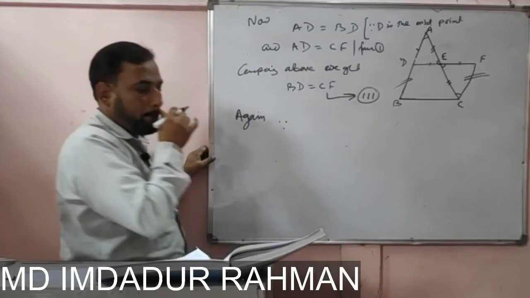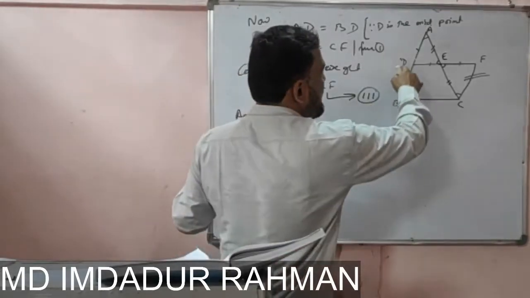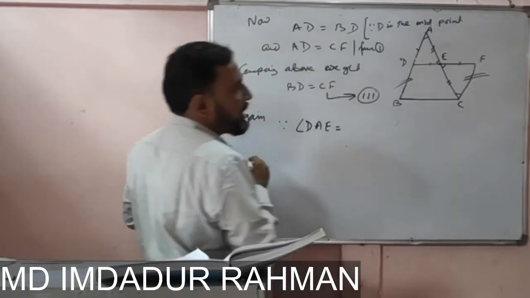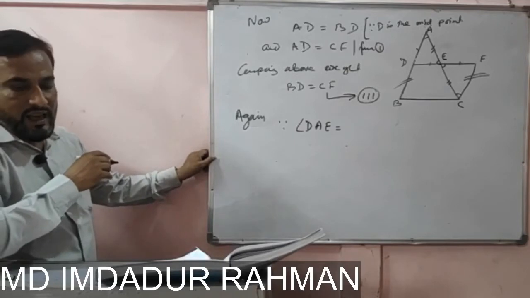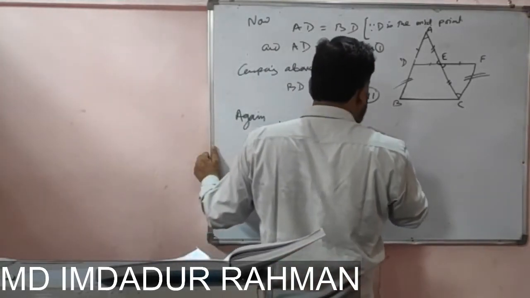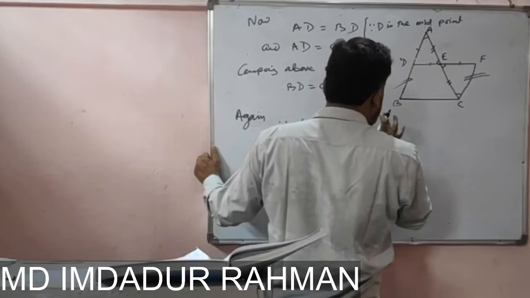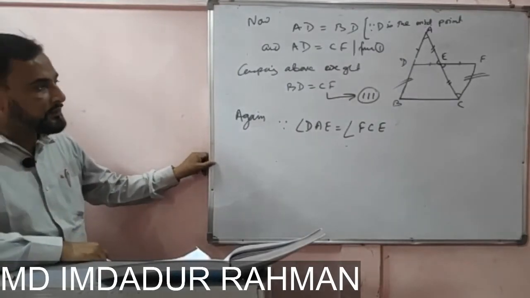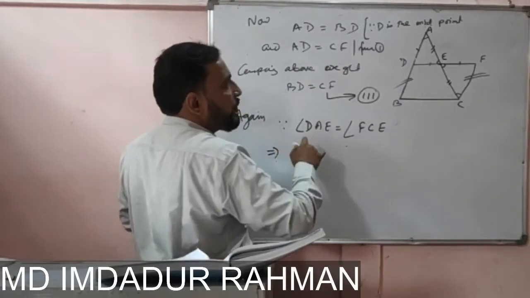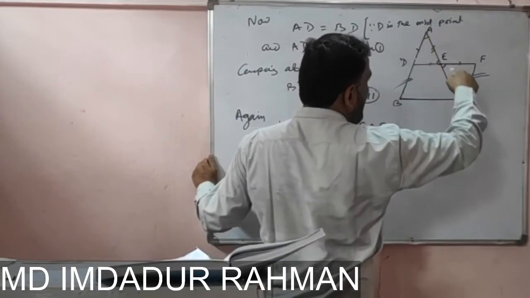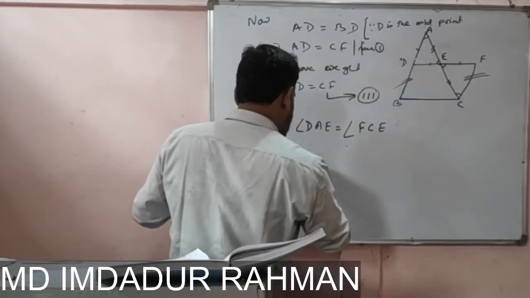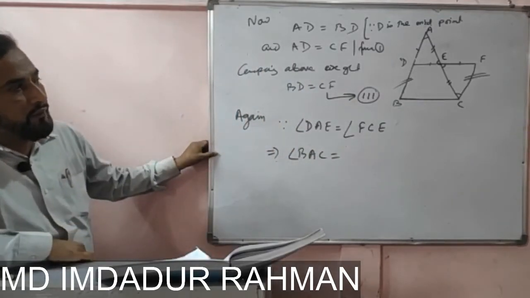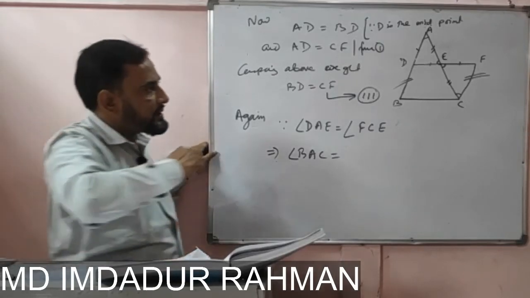Again, since angle DAE is equal to angle FCE, I have written earlier, we can write BAC is equal to FCE, full name ACF.